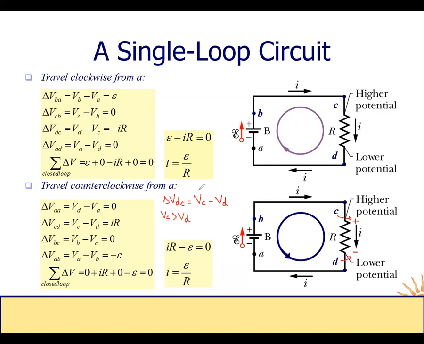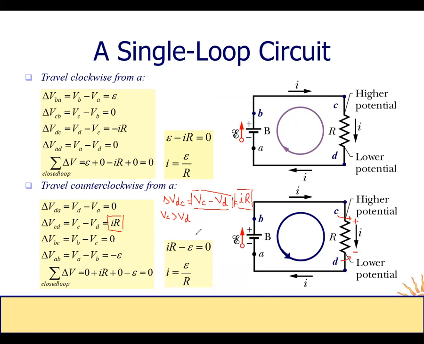So this quantity must be positive. You know, the voltage at the resistance equals I times R, must be positive. I times R. What about the voltage at the EMF?